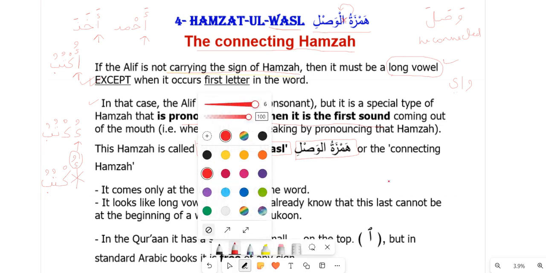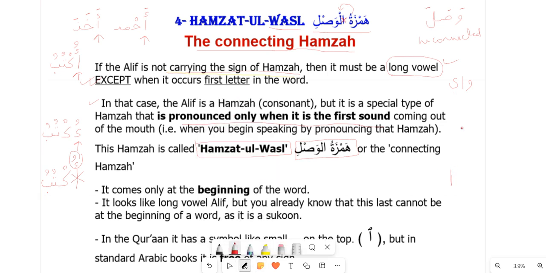As you know, the alif without any haraka from the long vowels does not carry any haraka, and the long vowels cannot start any word. You cannot see the long vowel starting in the beginning and then ha, mim, dal. You cannot see this long vowel coming without any haraka over it. The long vowel cannot start any word.